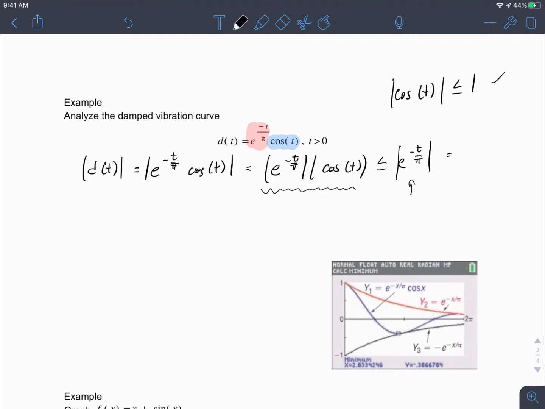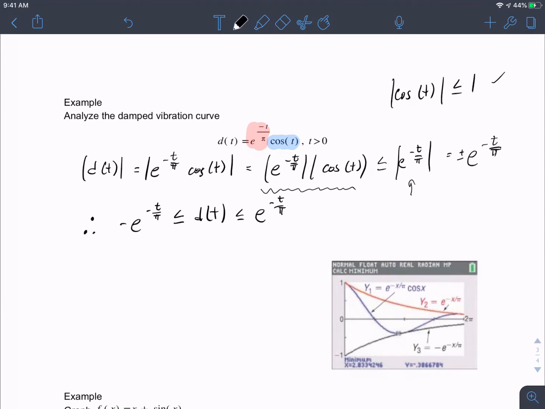And so we can say this is e to the negative t over pi, but we should put the plus minus there. And so what we can say is therefore, negative e to the negative t over pi is going to be less than or equal to the damping, which will be less than or equal to the positive e to the negative t over pi.